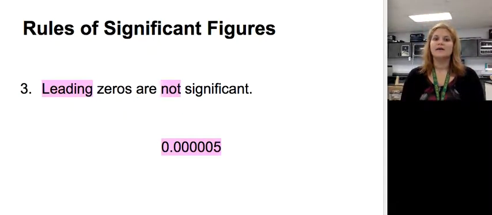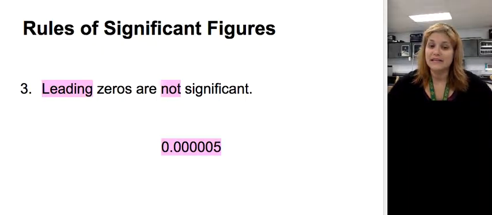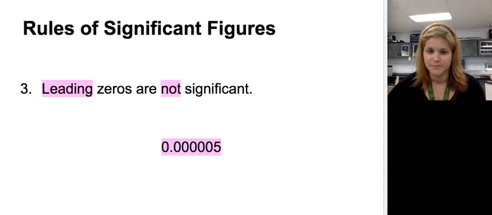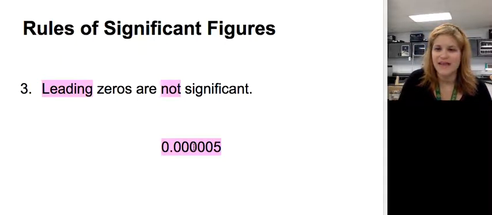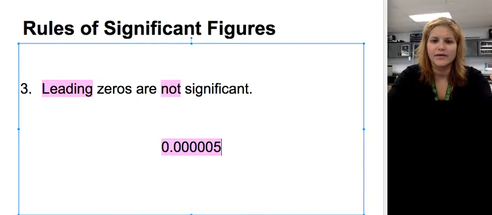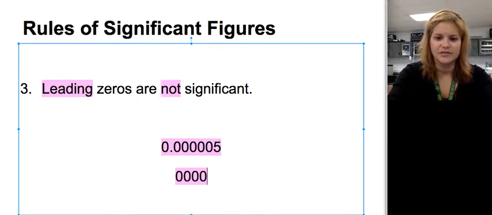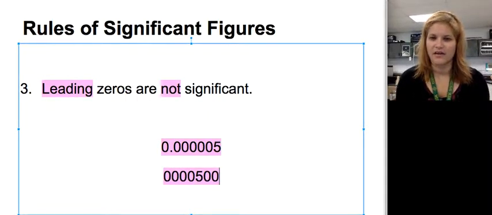Okay, my next rule is that leading zeros are not significant. And leading zeros are any of the zeros that come before your first non-zero number. So we only see that happen when we actually have like a decimal. Like for example, I wouldn't write 0000500 and call that 500.